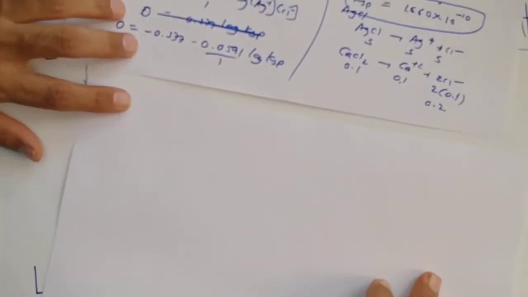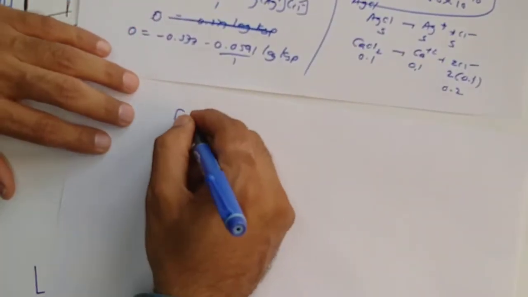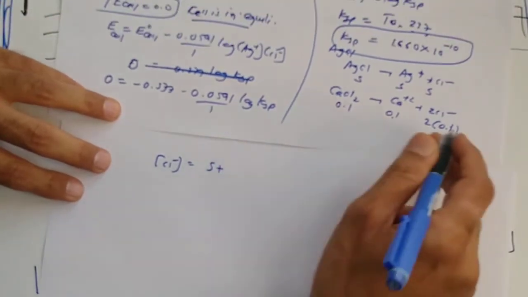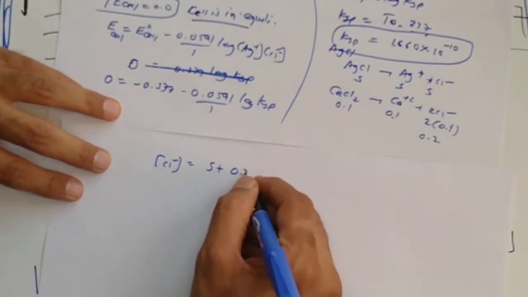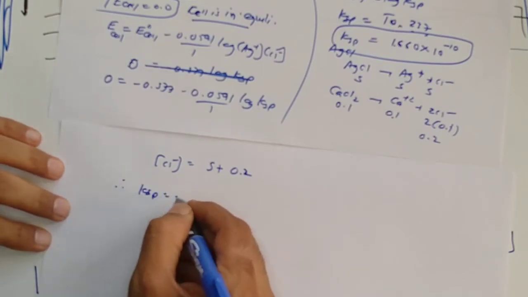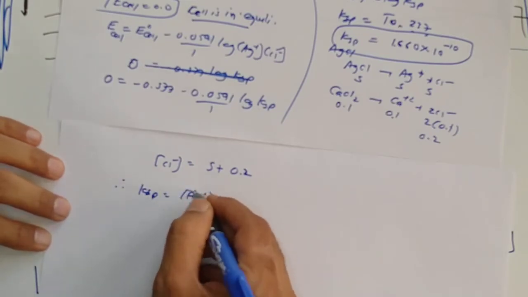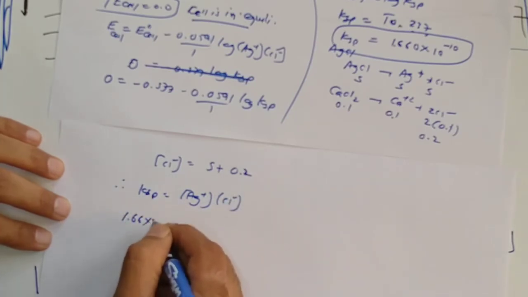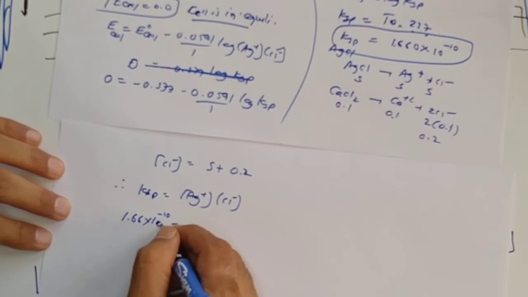So now total concentration of chloride will be S plus 0.2. Clear? So Ksp is equal to Ag plus into Cl minus, Ksp is 1.66 into 10 raised to minus 10.